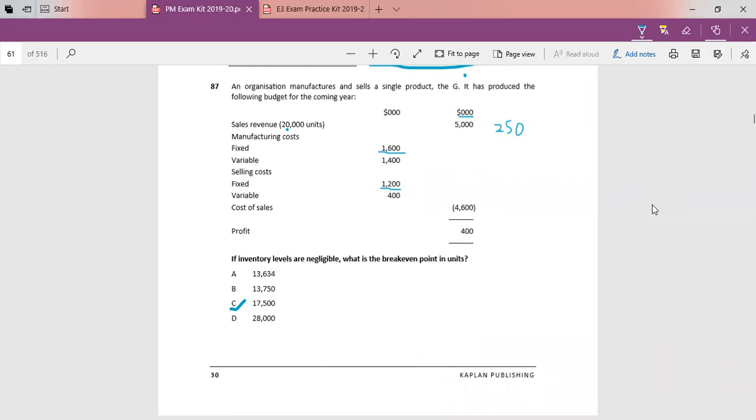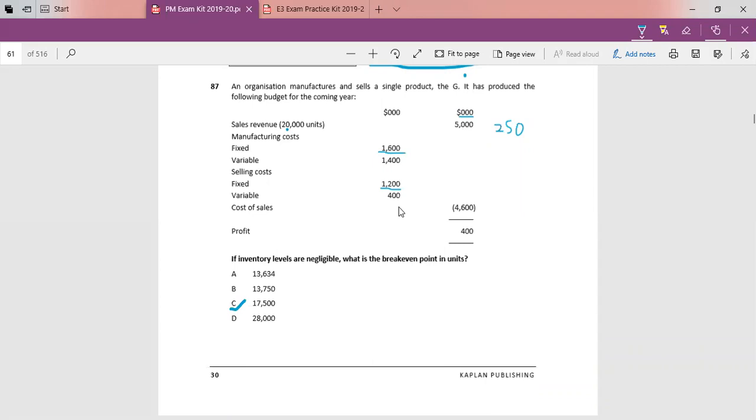Okay. That's another way. See, if the logic is there, we can do it any way. First, we can directly find out the contribution. That is 5,000 minus 1,800. The rest of it is contribution. In one go, you can divide it by 20,000. Otherwise, you can calculate per unit.